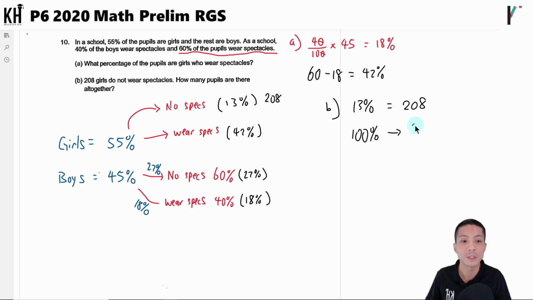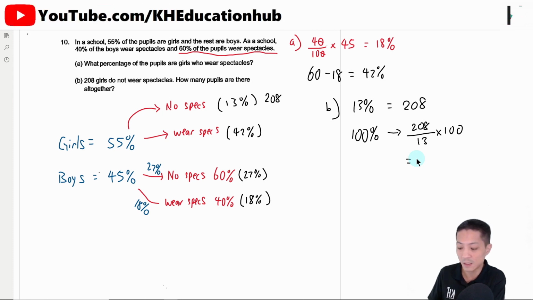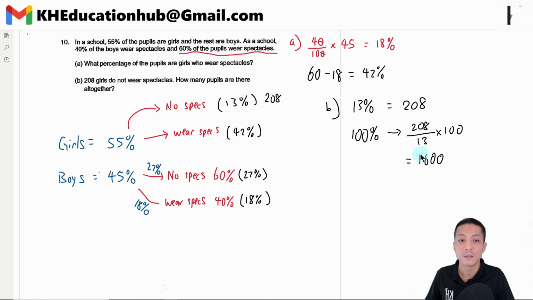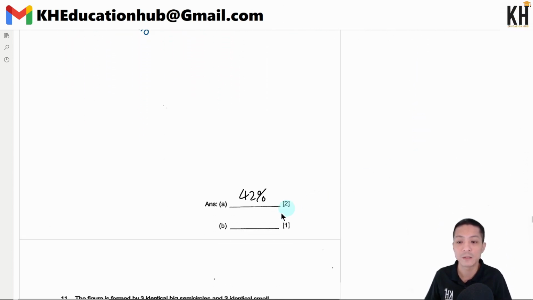So 100% is 208 over 13, then multiply by 100. 208 over 13 will give you 16. 16 times 100 will give you 1,600. Okay, so this will be the answer for part B.